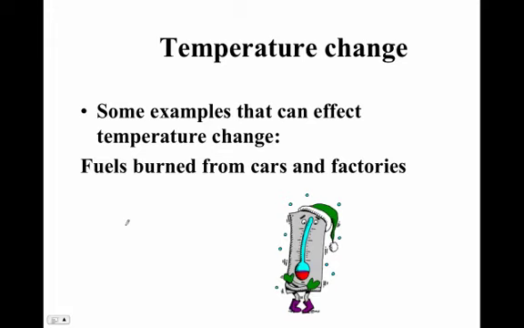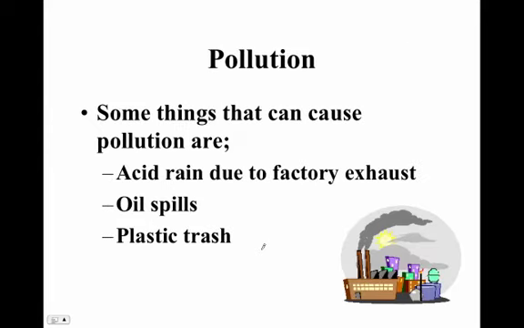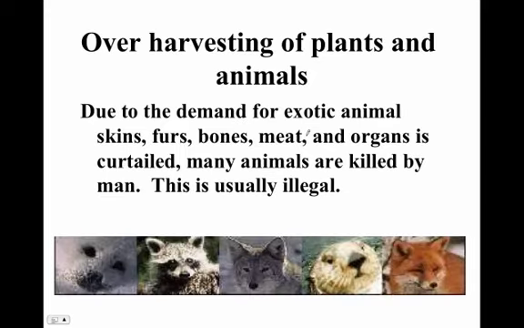And temperature change, fuels burned from cars and factories are causing a change in the atmosphere, and we're getting global warming, and that can cause extinction of species if they can't adapt to the new environment. Pollution, oil spills, for example, the BP oil spill, plastic trash, acid rain, these are all examples of pollution that might cause extinction of animals.